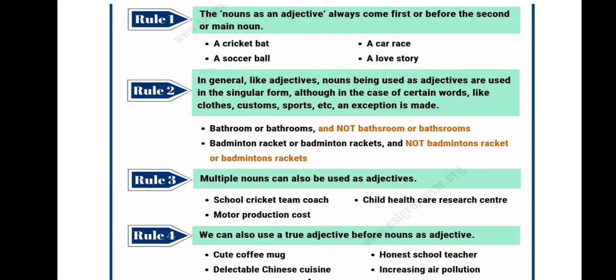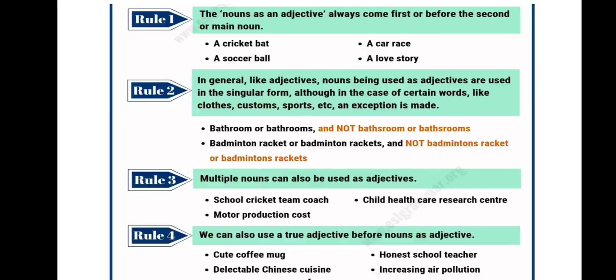So see here, school cricket team coach. The first three words act as an adjective. School cricket team comes together. Okay, what coach is that? It's our school cricket team coach.